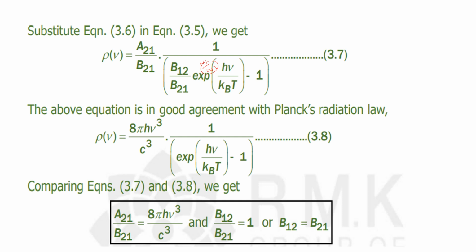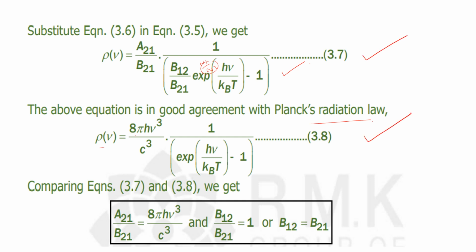This equation is in good agreement with Planck's law of black body radiation, which is given as rho nu, the energy density of emitted radiation of a black body, equal to 8 pi h nu cube by c cube into 1 divided by e power h nu by kBT minus 1.